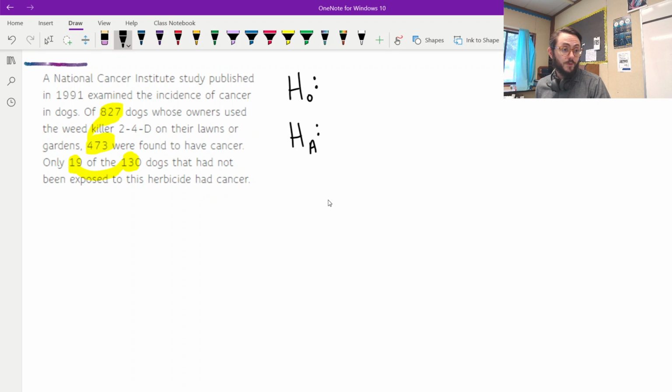And so let's set up two groups. Before we get into the hypotheses, let's go ahead and look at the groups. So here we have N sub C, no, not C, we don't want C, we want weed killer or herbicide.